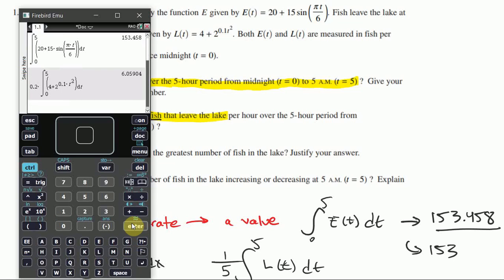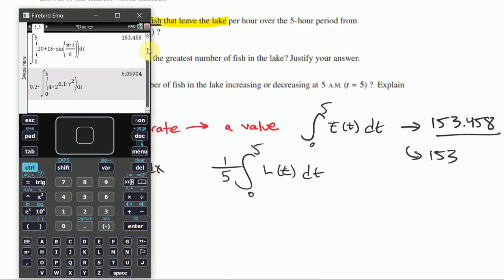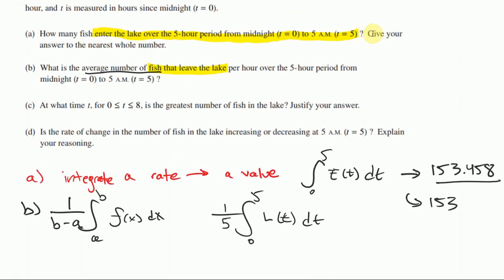And that gives us 6.059, whatever. And it says to the nearest whole number, so we're just going to say that it's approximately 6. You get what I mean.